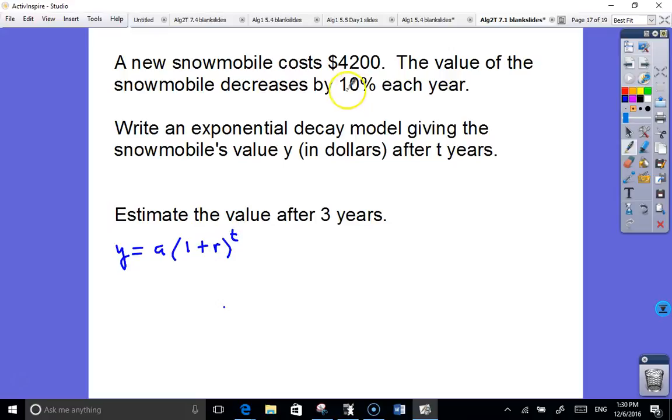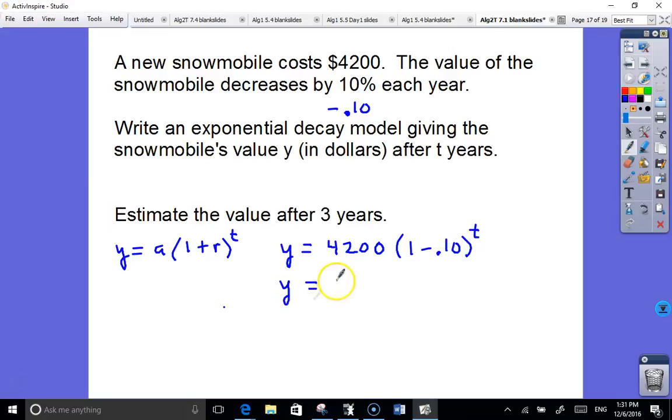Just in this case, because it's decreasing by 10% a year, that's going to be minus 0.10. So y equals initial amount, 4,200, times 1 minus 0.1 raised to the t years.